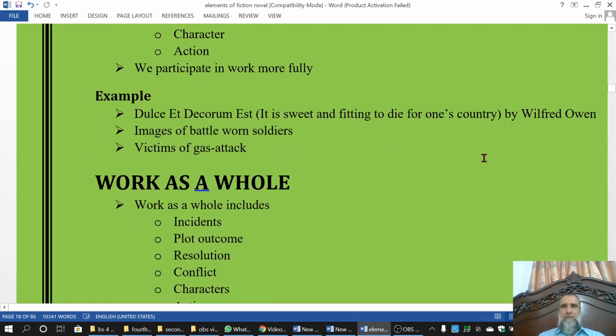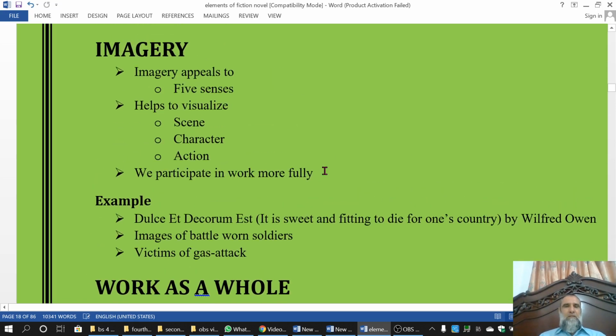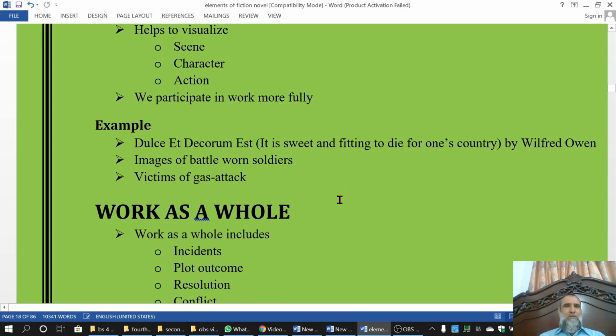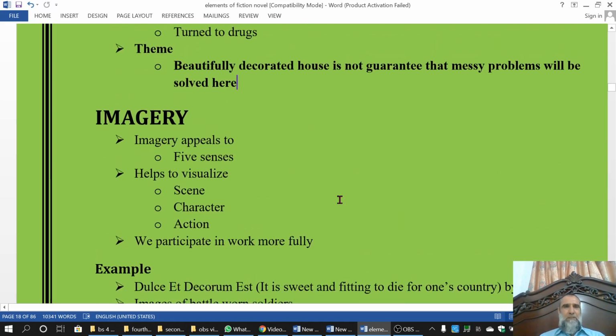The images in this are of battle-worn soldiers and the victims of gas attacks, and we come to know that the theme is about the soldiers, about the war, and that it is difficult, it is not easy, and it is not fitting actually to die for one's country, though the title says it is sweet and fitting to die for one's country. So this is what imagery is about.